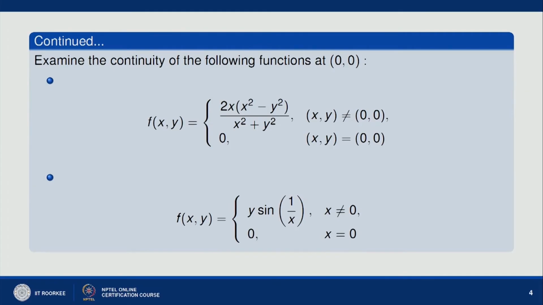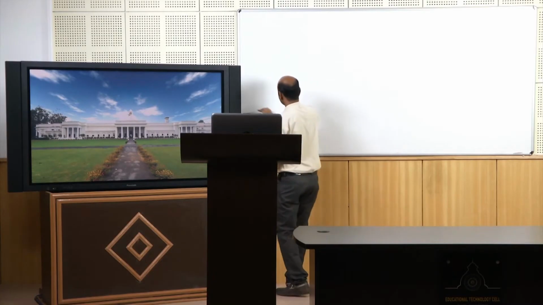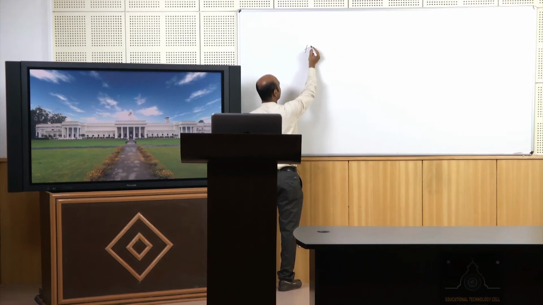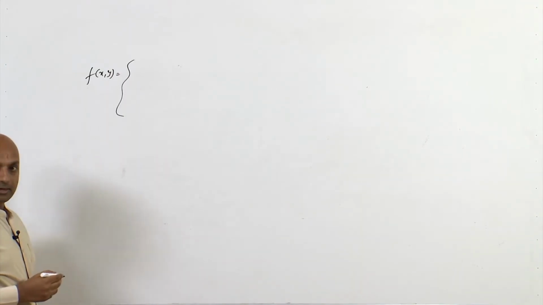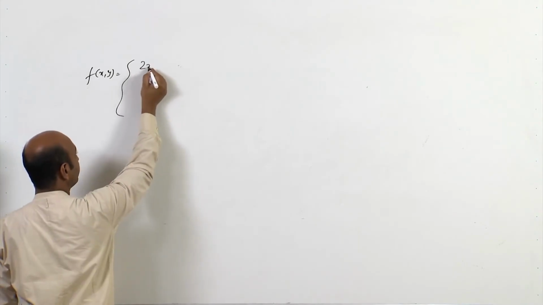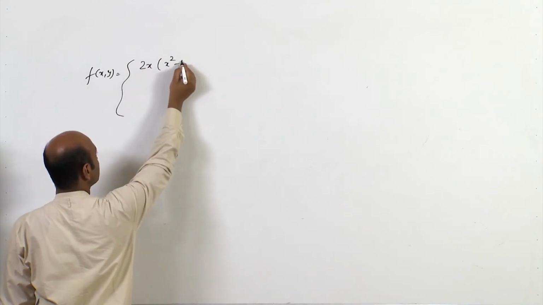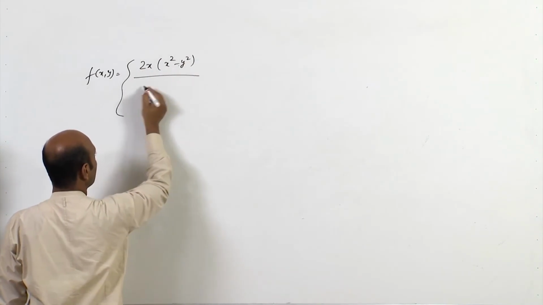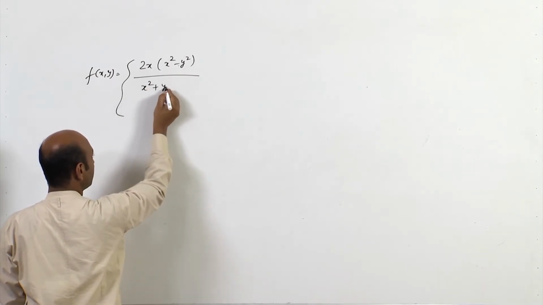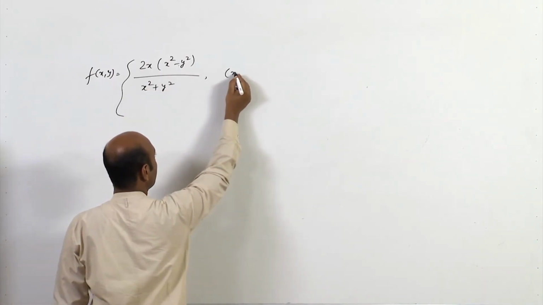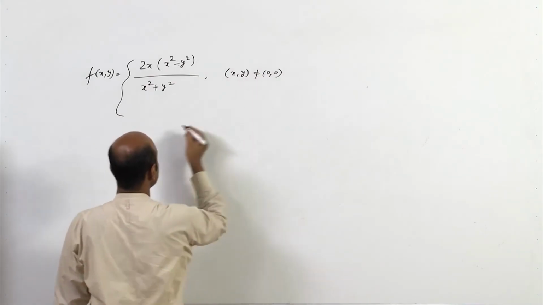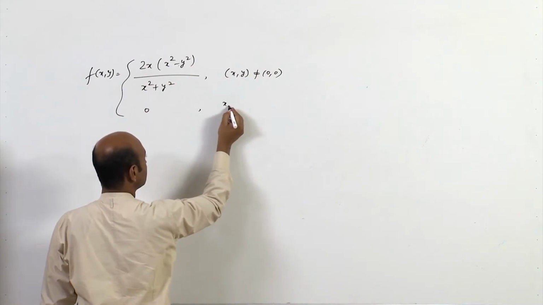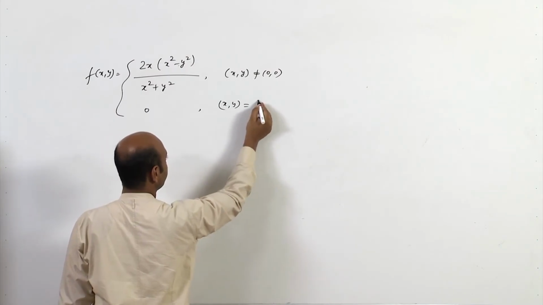Suppose we want to see the first problem. The first problem is f(x,y) equals 2x(x square minus y square) upon x square plus y square, for (x,y) not equal to (0,0), and 0 when (x,y) is equal to (0,0).